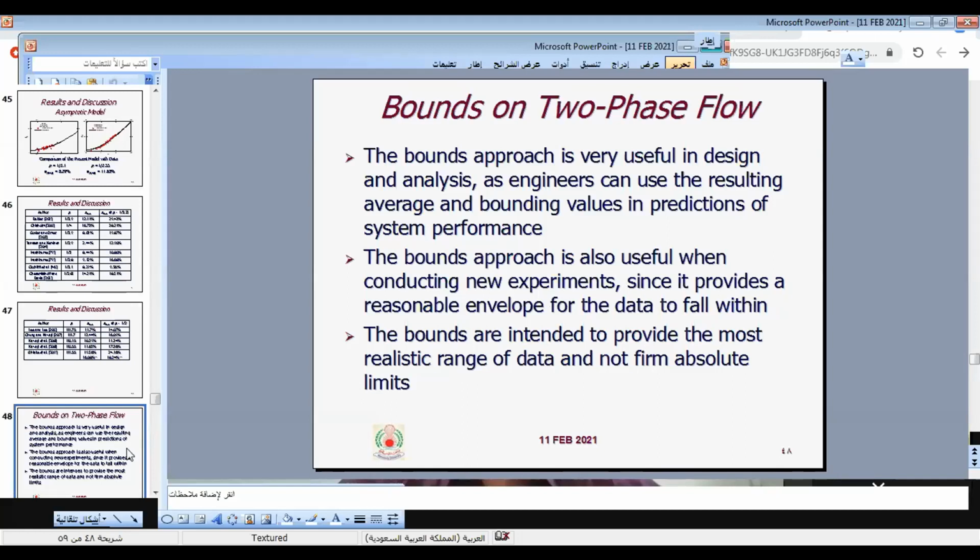The average bound means the arithmetic mean, which is the upper value plus the lower value divided by 2. The bound approach is also useful when conducting a new experiment, since it provides a reasonable envelope for the data to fall within. The bounds provide us the most realistic range of data and not a firm absolute limit.